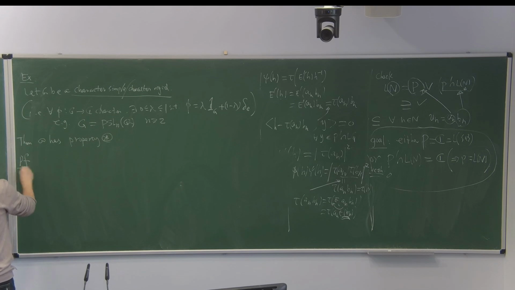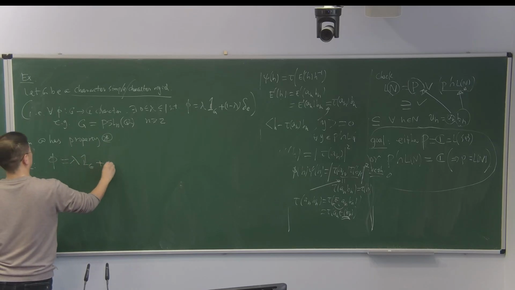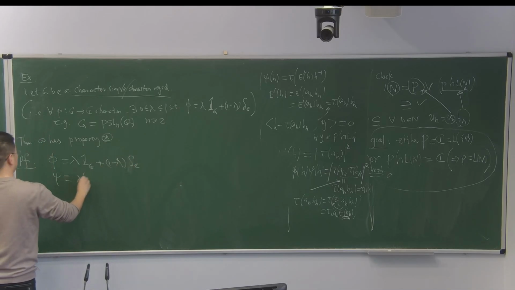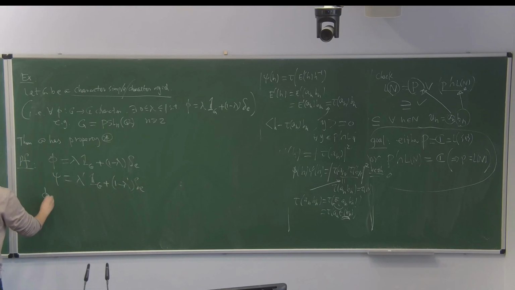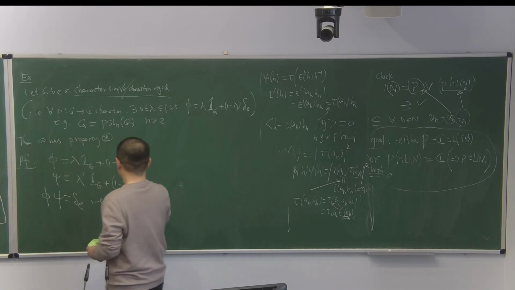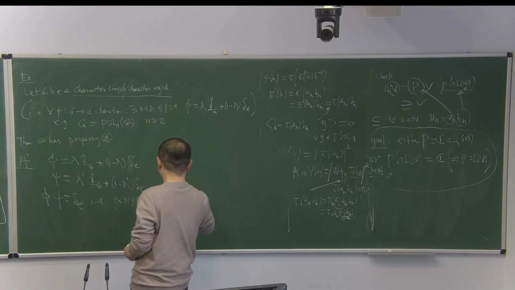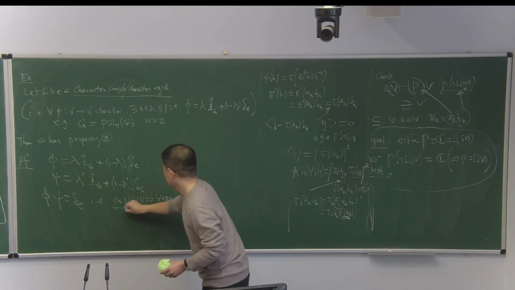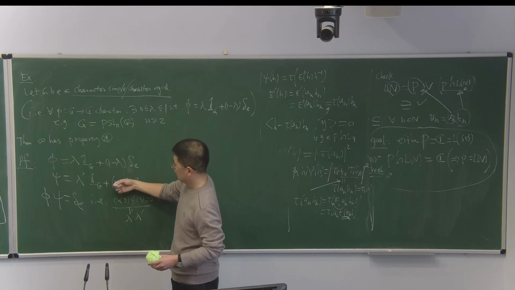The proof is quite simple. It's a calculation. So take two characters. One is written using lambda, the other using, say, lambda prime. Now if you start with this assumption, the product equals delta E. So this means phi(s) psi(s) equals 0 for any non-trivial element s in G. But if you plug in a non-trivial element here, this actually gives you lambda times lambda prime, because this is vanishing, this is vanishing.